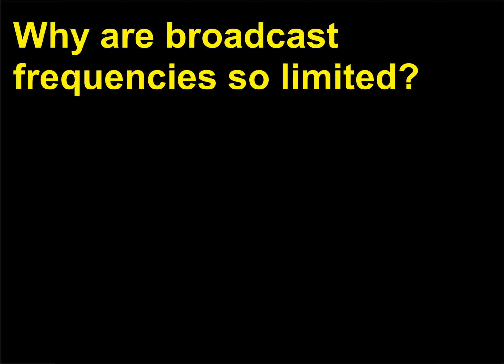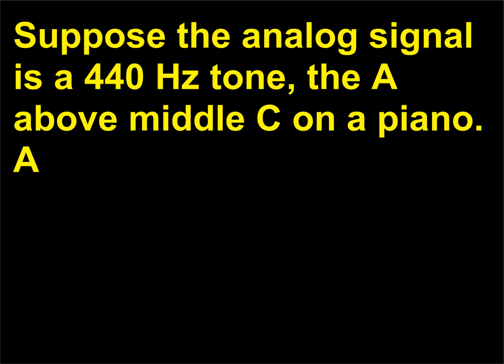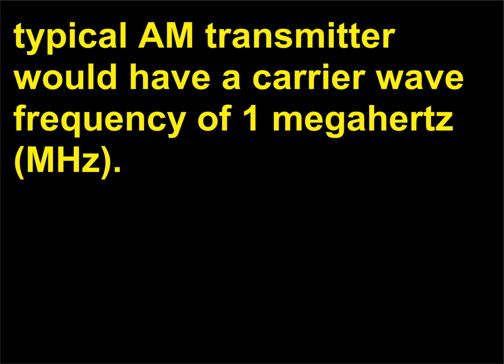Why are broadcast frequencies so limited? Suppose the analog signal is a 440 Hz tone, the A above middle C on a piano. A typical AM transmitter would have a carrier wave frequency of 1 MHz.